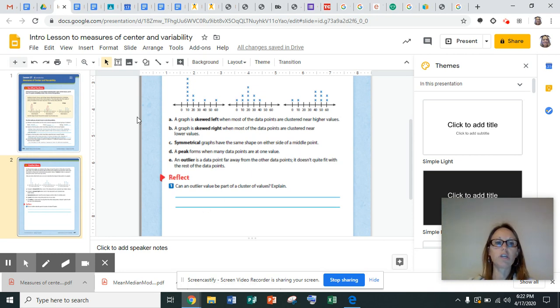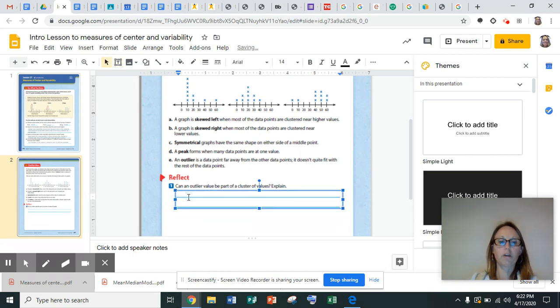So your answer here would be no. An outlier is a data point far away from the other data points, and a cluster is not all the points together, but it's a group of points clumped together.